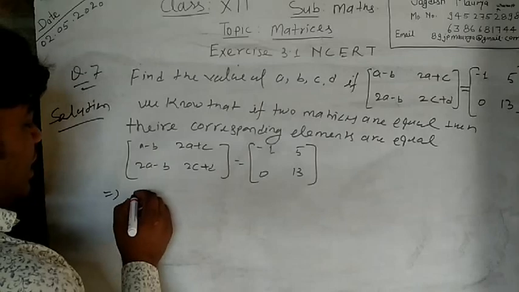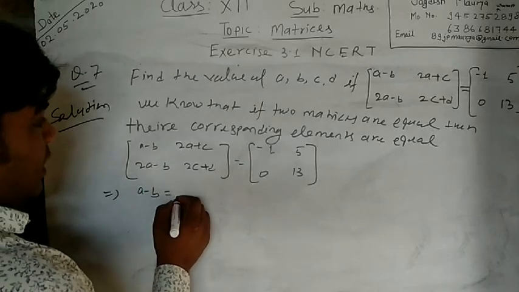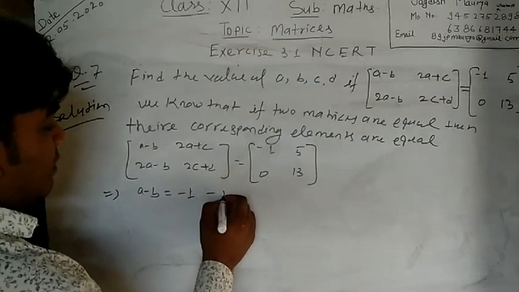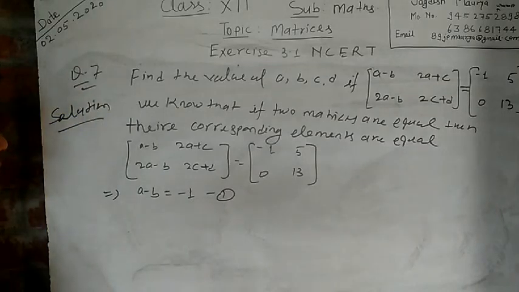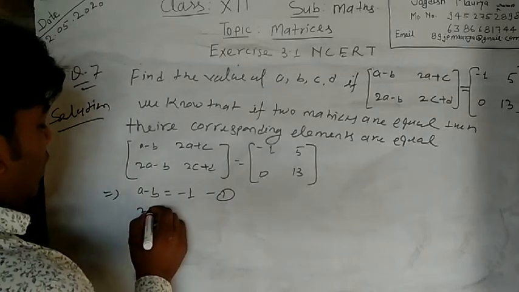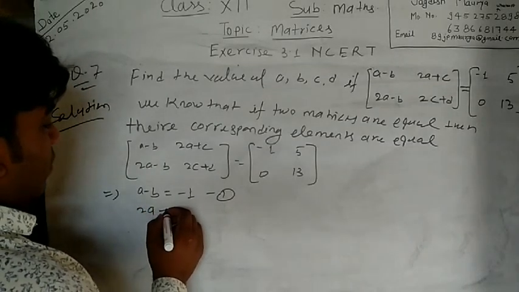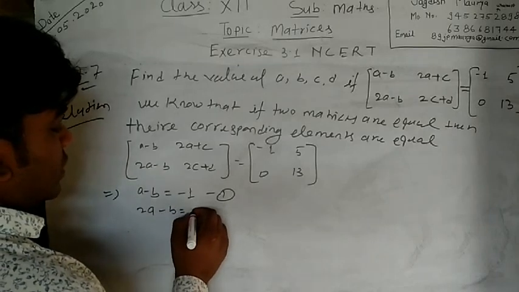This implies that a minus b equals minus 1. This is equation number 1. Here 2a minus b equals 0.